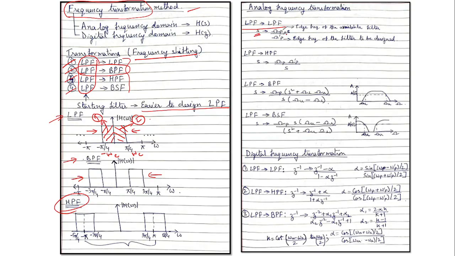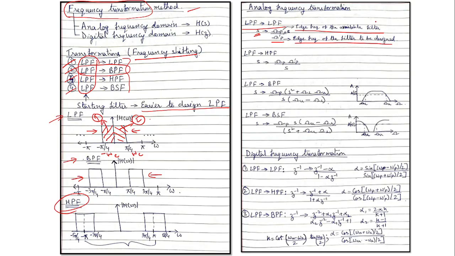S will be replaced with omega p, which is the cutoff frequency of the available filter, divided by omega p dash, which is the cutoff frequency of the filter to be designed.